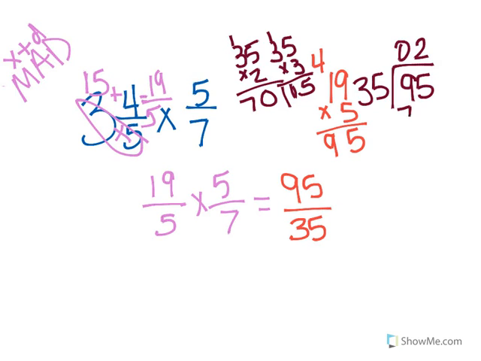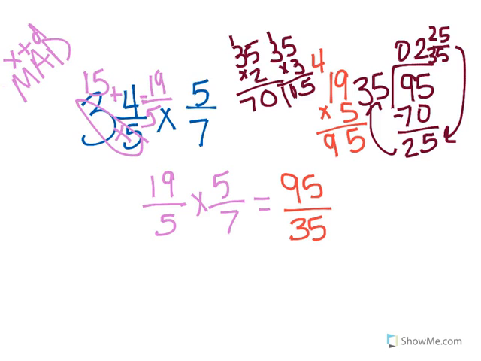So that's 2, which is 70. I'm going to subtract. I'm going to get 5, and 9 minus 7 is 2. So I'm going to get 2 and 25 over 35. So I say my answer is 2 and 25 over 35.